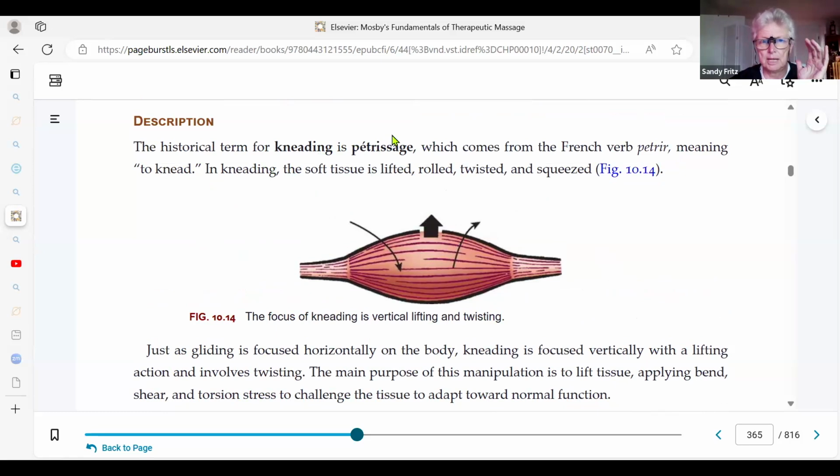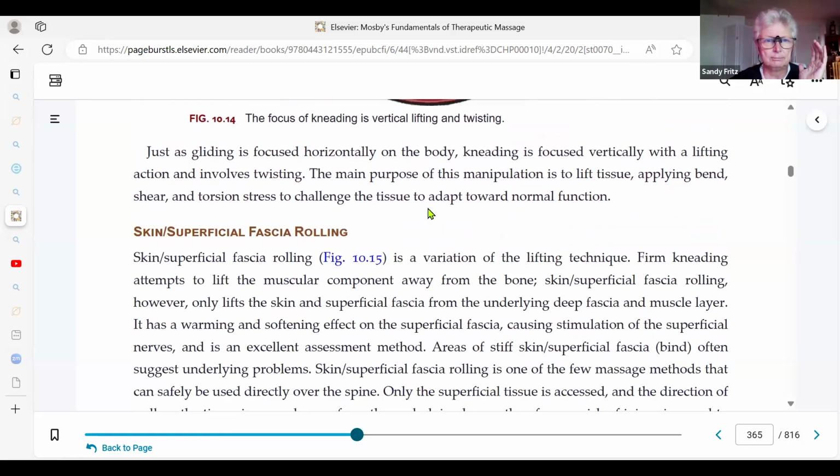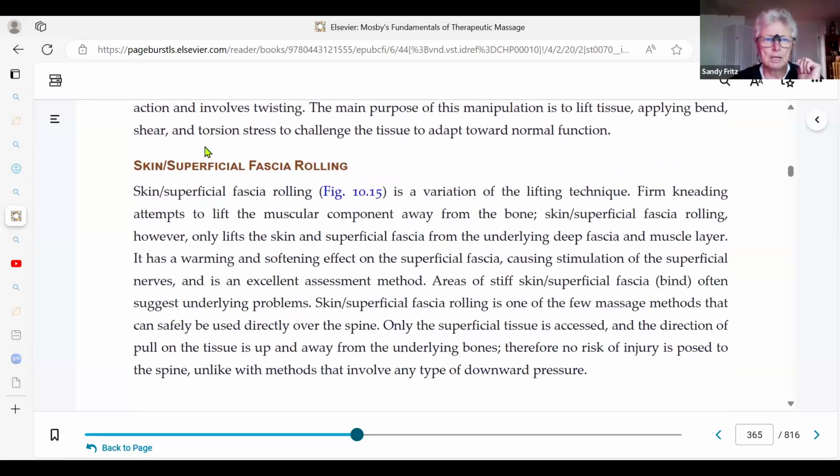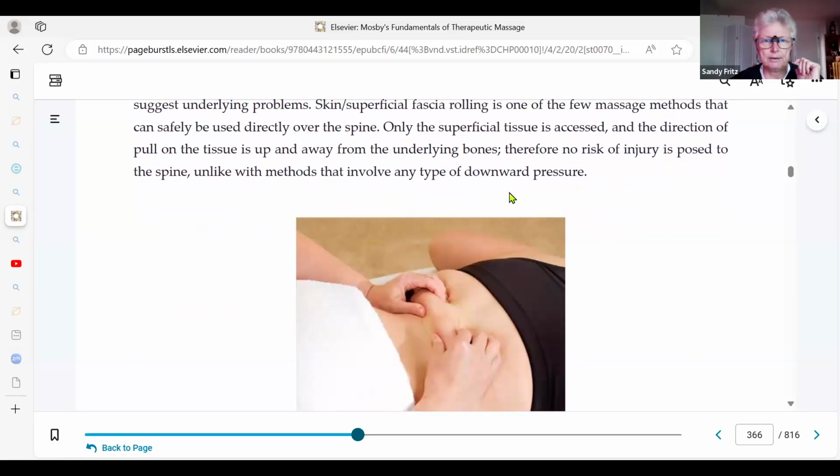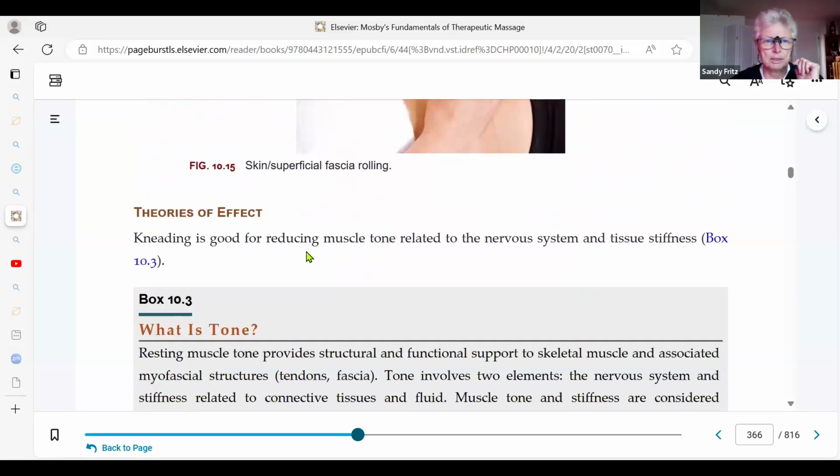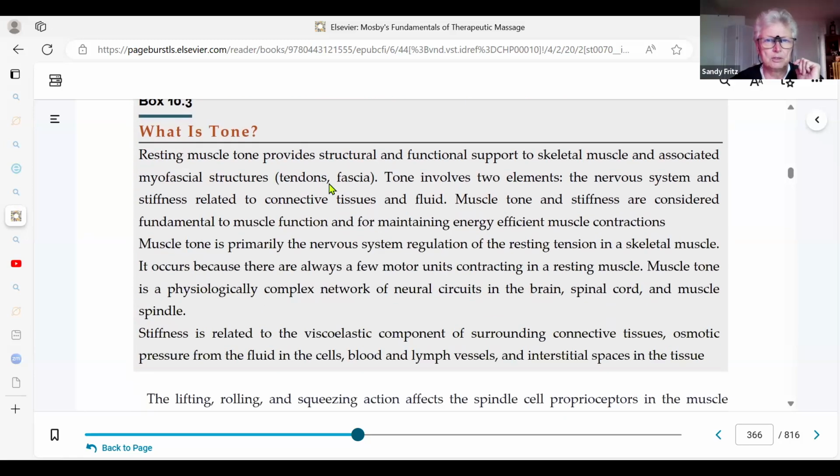You want to connect these two words together. Skin rolling or fascial rolling is a variation. Here's your theories of effect. When we talk about what tone is here, and again, this is a language issue.